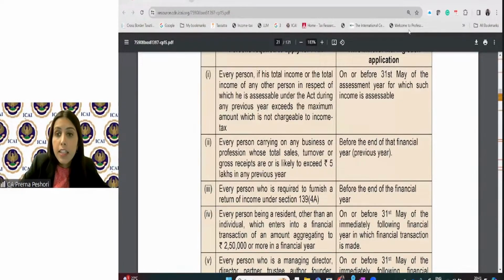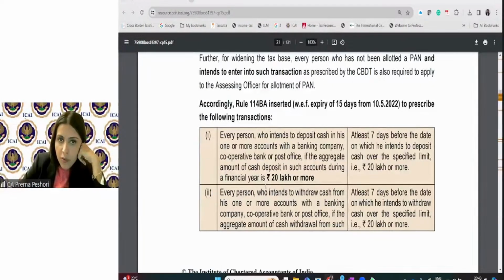Okay. Then if you look at it, there is rule 114BA, which says you have to quote the PAN. Also, rule 114BA says that every person who intends to deposit cash in one or more accounts exceeding rupees 20 lakhs during the year needs to obtain PAN 7 days before the date of deposit. Or every person who intends to withdraw more than rupees 20 lakhs.